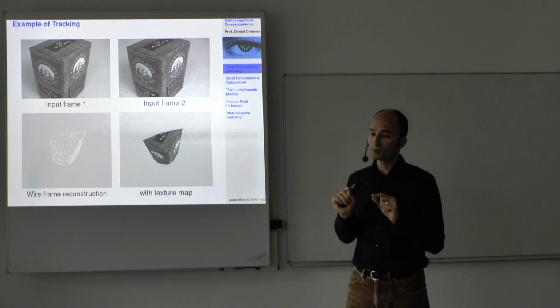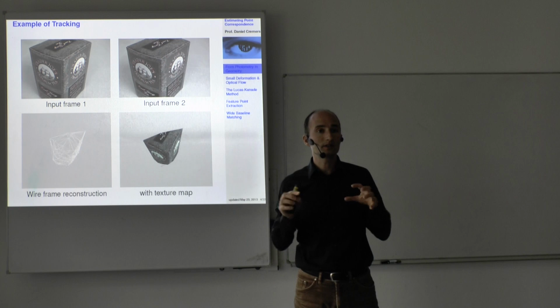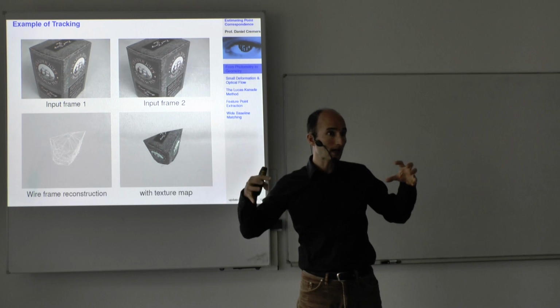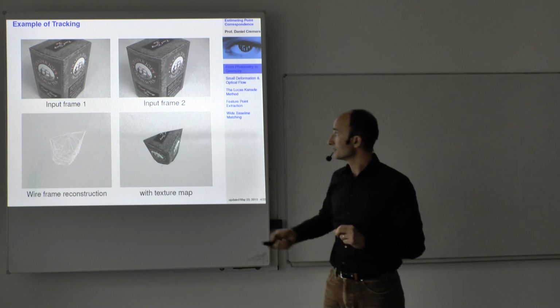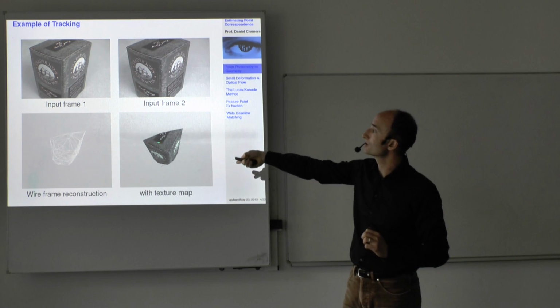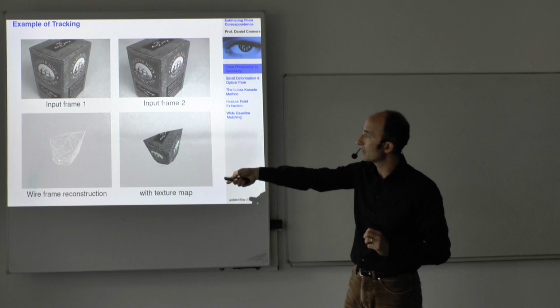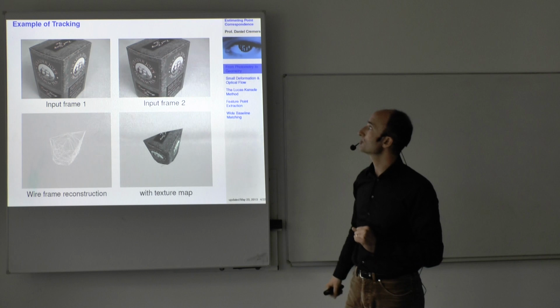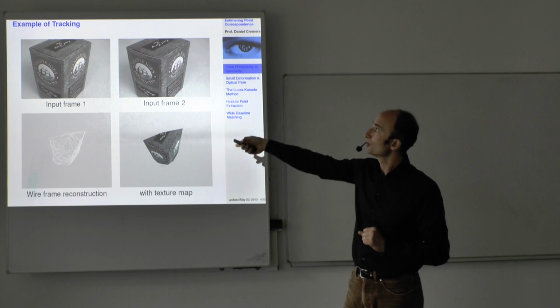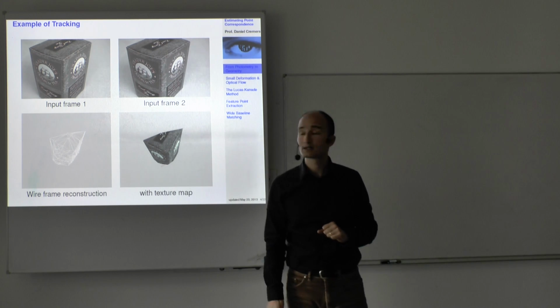And with these point correspondences, we can try to infer the camera location and the 3D location of the points. And this is what you see here. These are reconstructions that were generated, a wireframe reconstruction, then a reconstruction with a texture map superimposed, that were computed using this sequence.